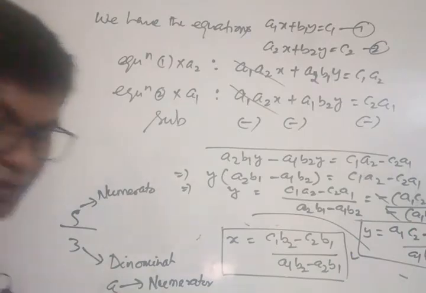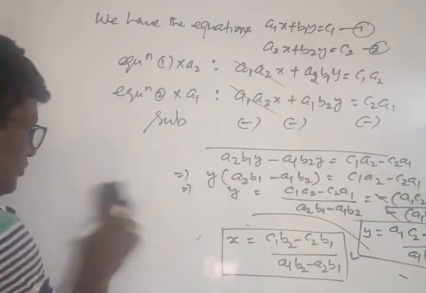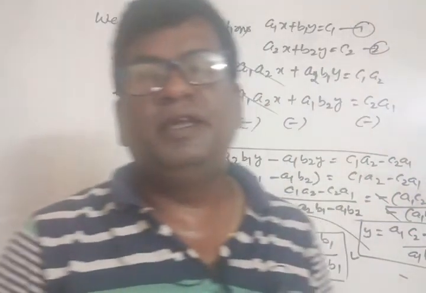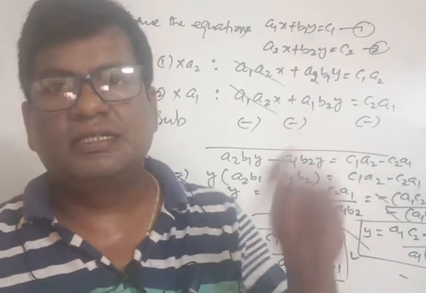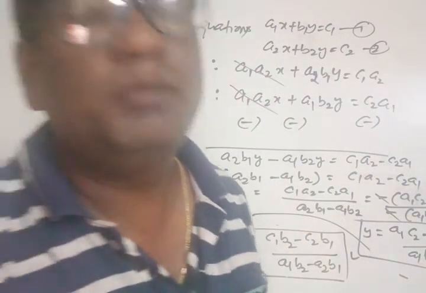Clear? In a fraction p by q, p is the numerator and the lower number is called the denominator.